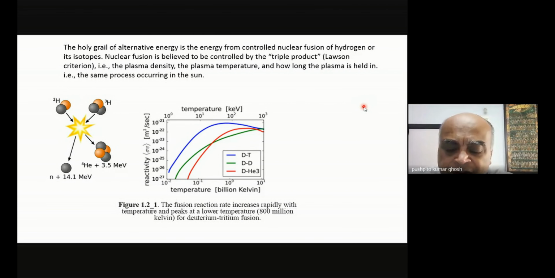The second approach people are looking at is making an ultra cold deuterium tritium, which at a certain point I can convert into a solid in the form of a pellet.